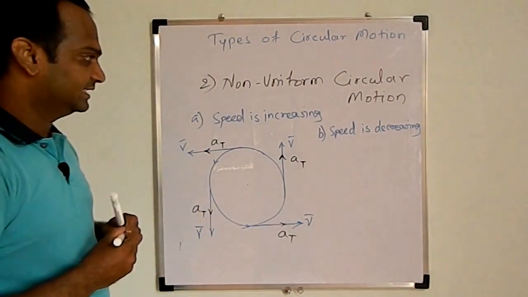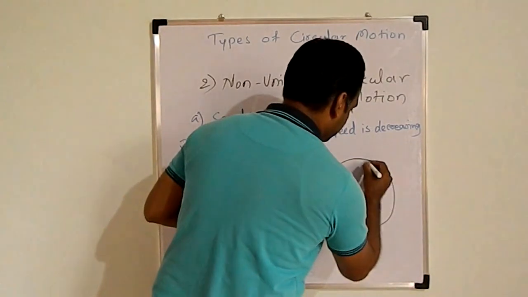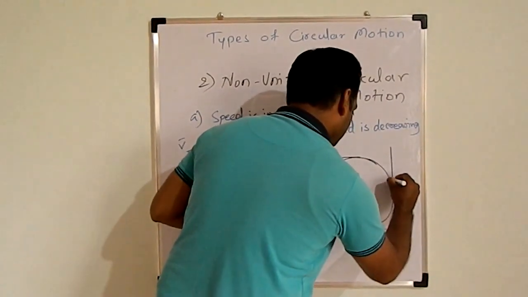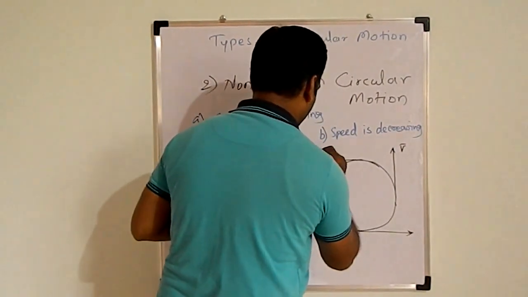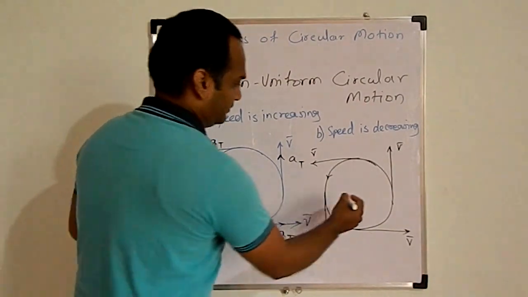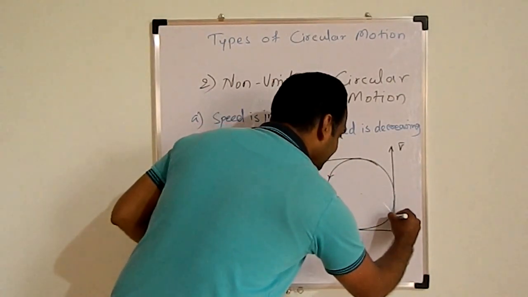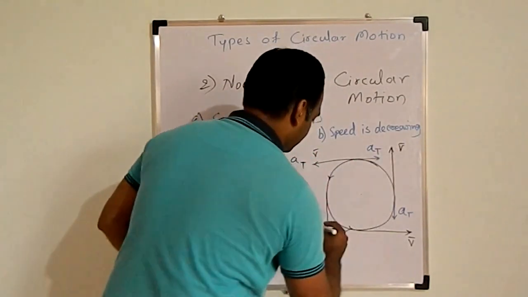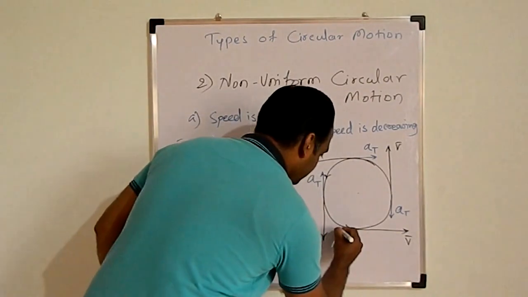When the speed is decreasing, the acceleration is opposite to the velocity.